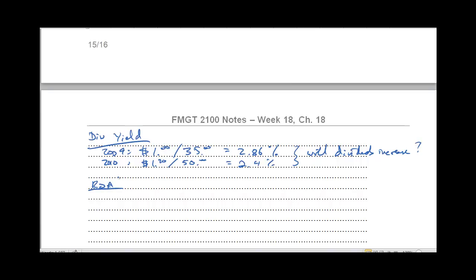Okay. Return on assets. Here we're talking about the net income, but adjusted to remove the effect of capital structure, in other words, to remove interest expense. So we're going to add interest expense back to this number.